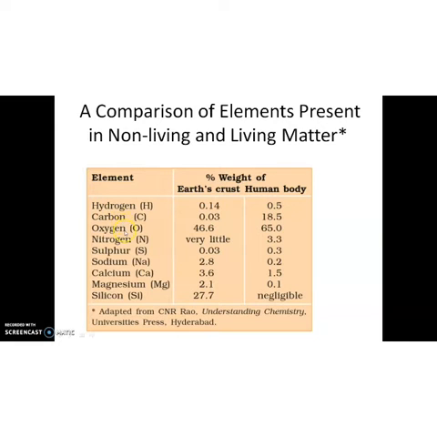Hydrogen, carbon, oxygen, nitrogen, sulfur, sodium, calcium, magnesium and silicon. Children, just note that the elements present in a non-living material and a living thing are the same. And what makes it different? Only a difference in the percentage of weight, isn't it?